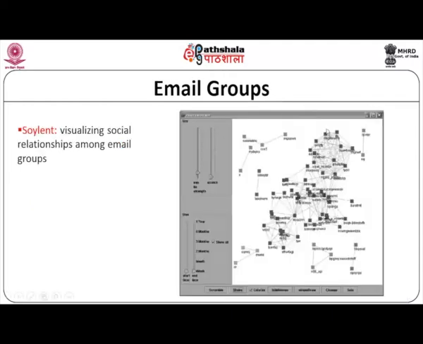This is a diagram for visualizing social relations among email groups by the Soylent visualization tool. Here you have various control bars with which you can zoom in or zoom out, and understand various social entities who are highlighted by means of their interconnectivity with other members.